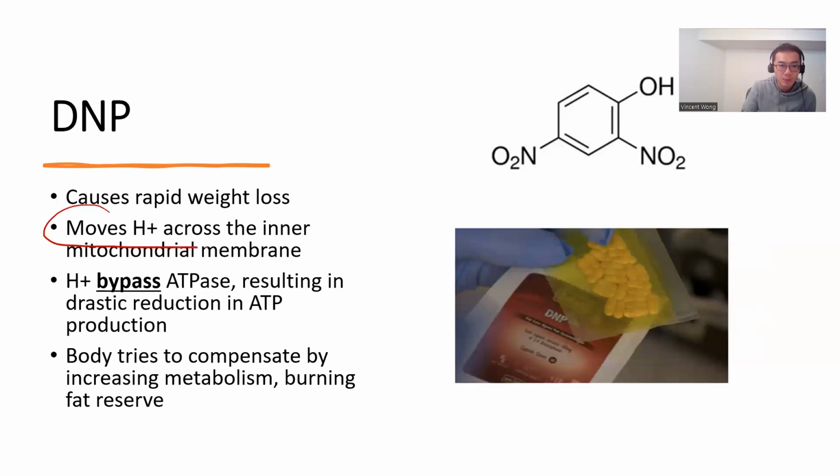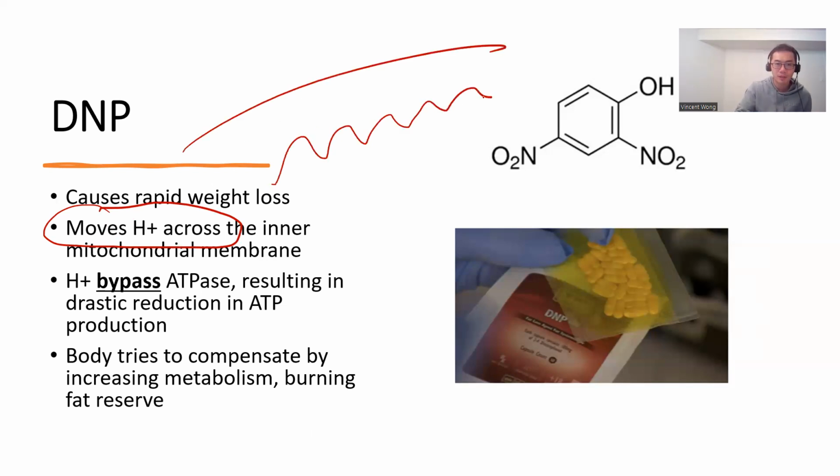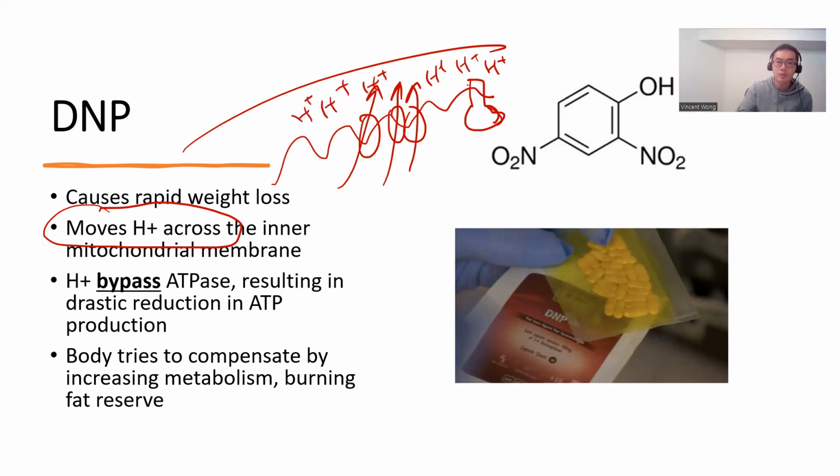helps move H+ across the inner mitochondrial membrane. So again, back to our favorite picture of the lecture. The whole process of ATP production relies on the fact that you can pump H+ into the intermembrane space, and you need the H+ to go through the ATPase to make ATP.